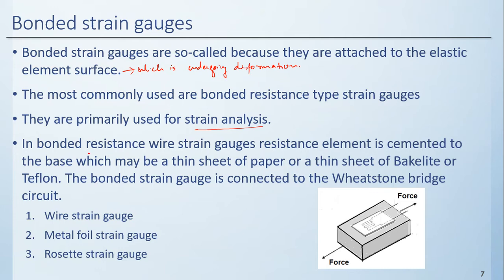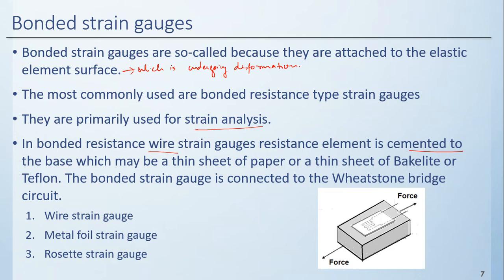Now here, in a bonded strain gauge, you have a resistance wire which is cemented or pasted to the base. The base will be a thin sheet of paper or a thin sheet of bakelite. Those are the materials used for making the base.